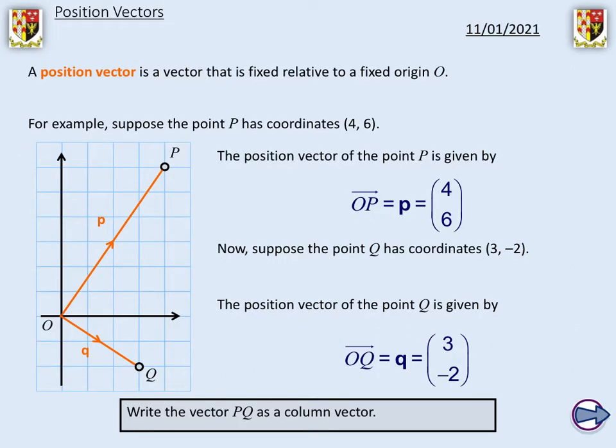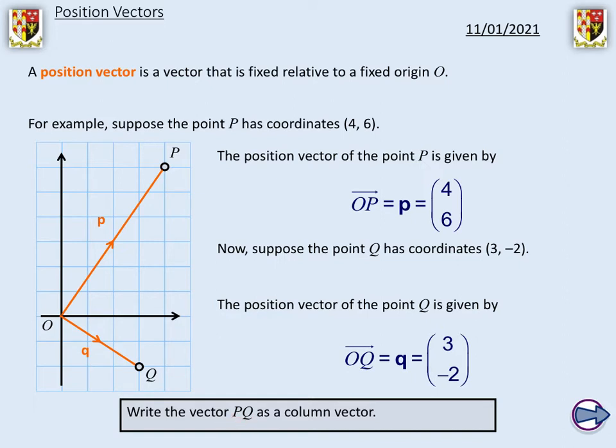This is just another example that shows exactly the same thing. So it just says, again, a position vector is fixed to the origin. Okay, so it's fixed relative to the origin. So if I have the point P, which is here at 4, 6, and the point Q, which is here at 3, minus 2, and we want the position vector, let's say, for example, of PQ.